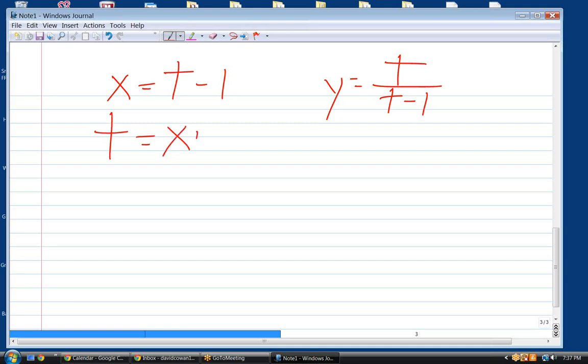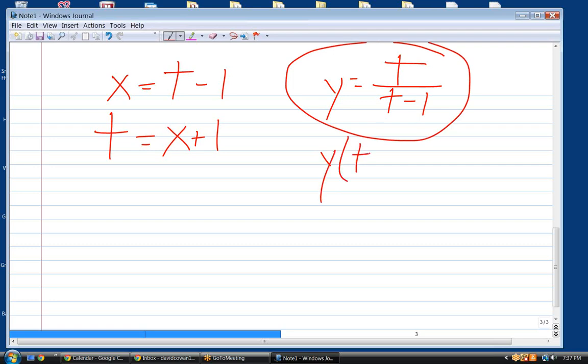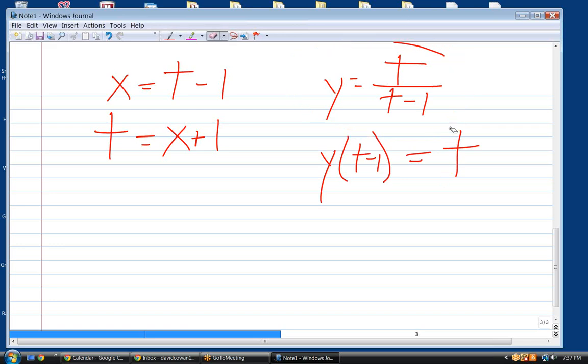This one's a little harder to solve. How do we solve this one for t? Just multiply both sides by t minus 1. Okay, now what? Distribute.